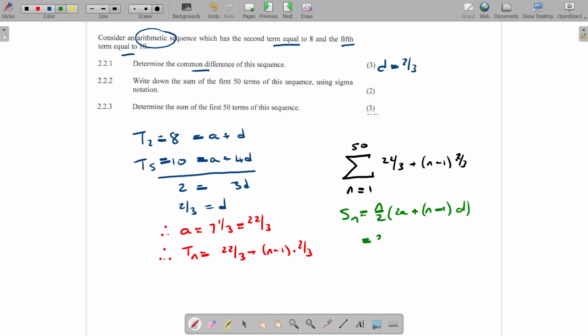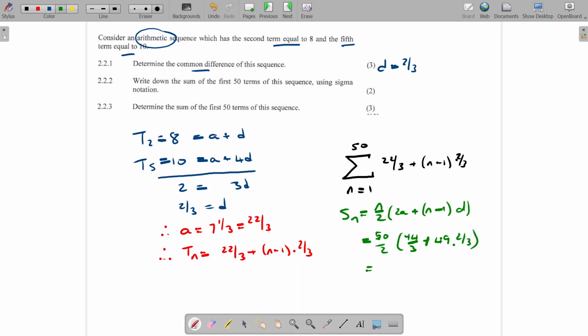So we've got 50/2 times 44/3 plus 49 times 2/3.